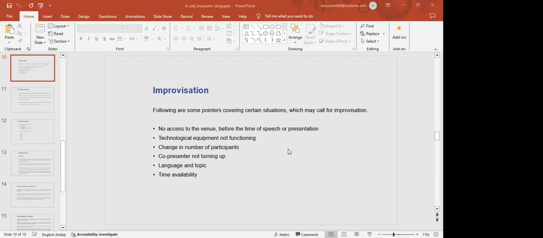Or the second one is, you should be thoroughly aware about what the total training session or the presentation sessions are all about. So if your co-presenter does not turn up, then at least you can manage the show.